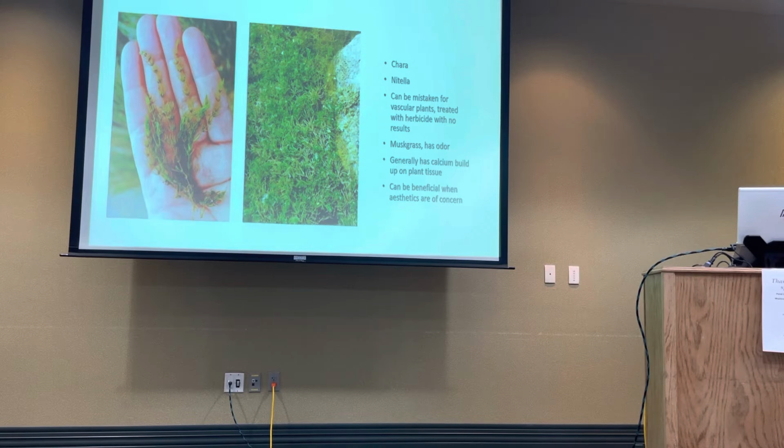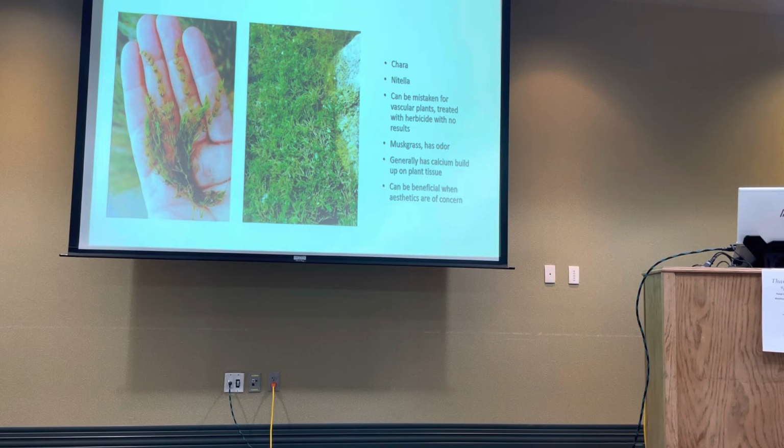If you can see the picture on the right, there's a little bit of white growing on it. That'll be a telltale that you have Chara. It can be a beneficial plant when aesthetics are the main concern, because it only grows about 3 to 6 inches off the bottom of the lake, isn't going to top out, and takes up space that some of those nuisance and noxious aquatic weeds would otherwise be in.